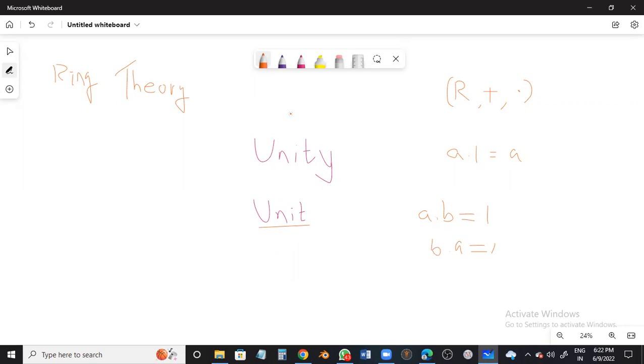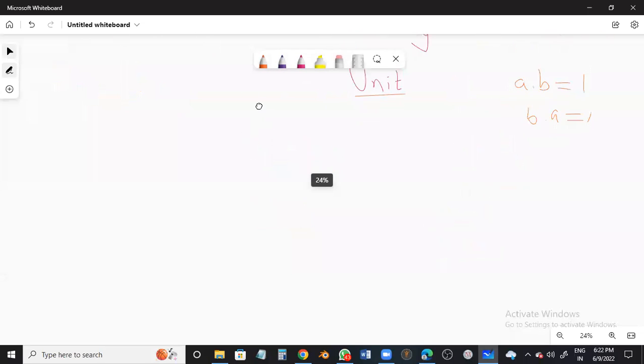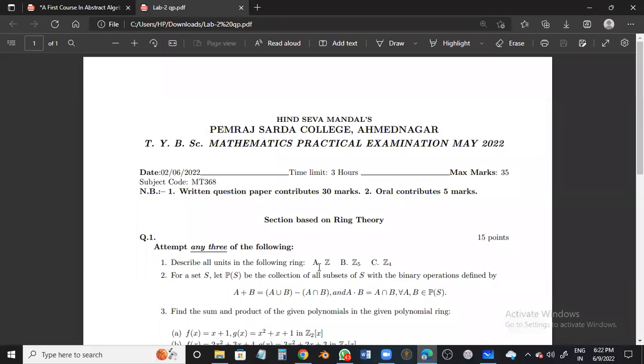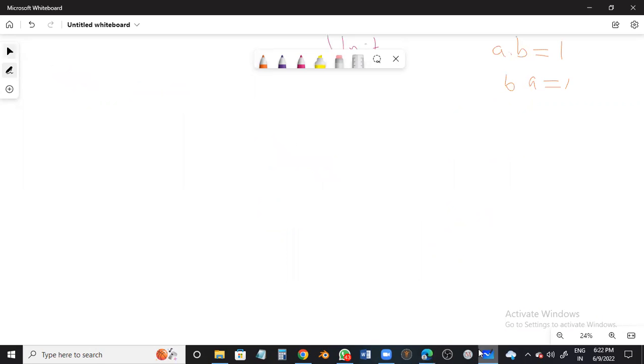Okay. Now we would like to move to talking of this particular example. You have three sets given, Z, Z5 and Z4. What is Z? Set Z is our usual set of integers.